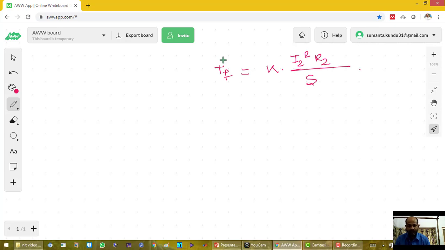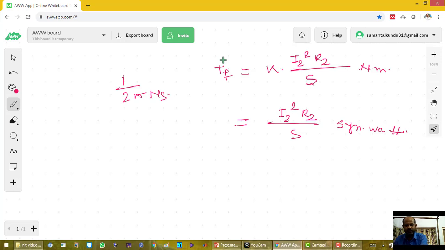Where this k is that 2 pi f term, that is k equals to 1 by 2 pi ns, right? So this is in Newton meter. So in synchronous watt it will be only I2 square R2 by S synchronous watt, right? Because we have seen just a few minutes back that 1 synchronous watt equals this 1 by 2 pi ns.